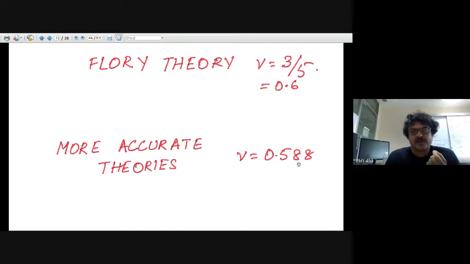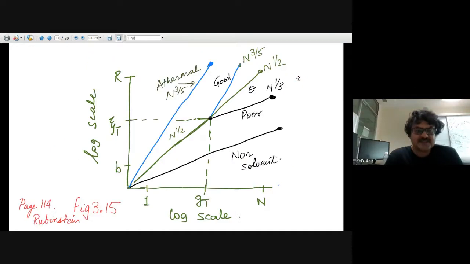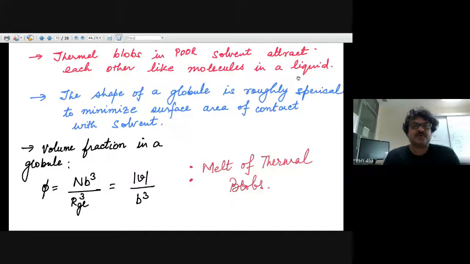But it's a very small difference, as you see, 0.6 and 0.588. So at times, for the various exponents that we calculate, people use this formula, especially Rubinstein at times uses this formula, but we will stick to 0.6 or 3/5 when we convert exponents in future.